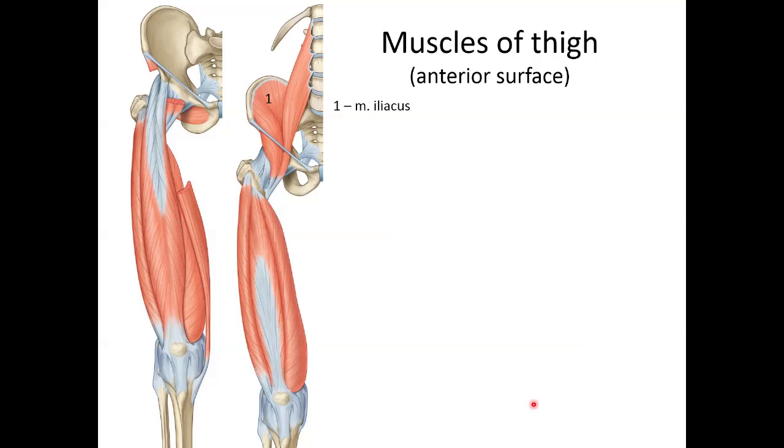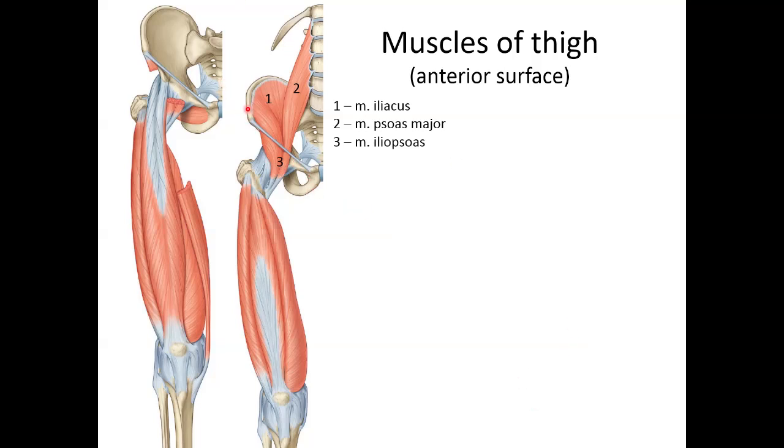Number 1 is musculus iliacus and number 2 is musculus psoas major. And then they connect together and become musculus iliopsoas. Musculus iliopsoas. Here it is, musculus iliopsoas.